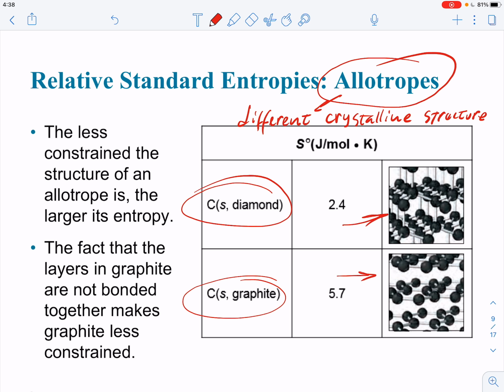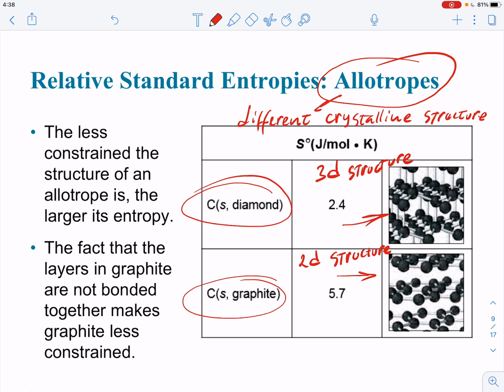However, for graphite, that structure resembles more like sheets of paper on top of each other. Okay, so it's a crystalline structure, but if we call diamond a 3D crystalline structure, graphite is more of a 2D structure. It's just a sheet of atoms, and as such they can move on top of each other.